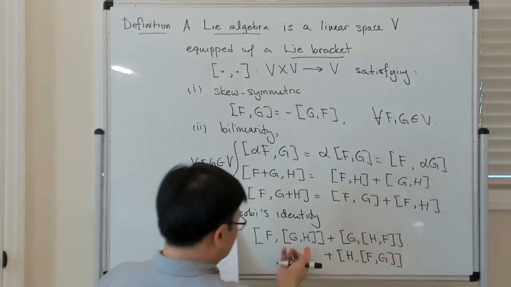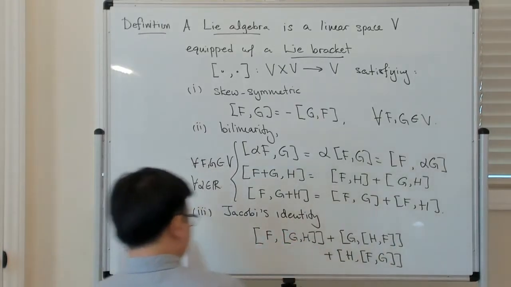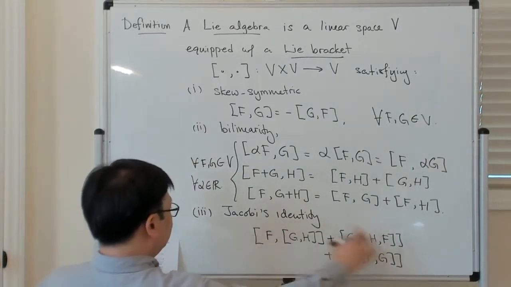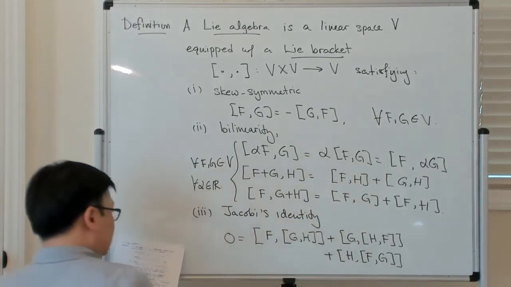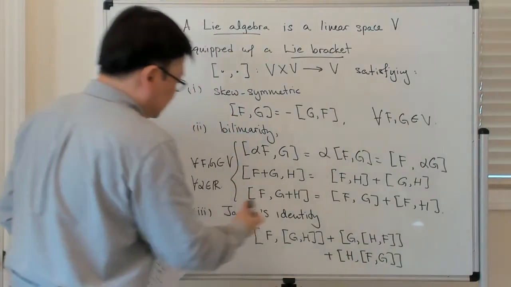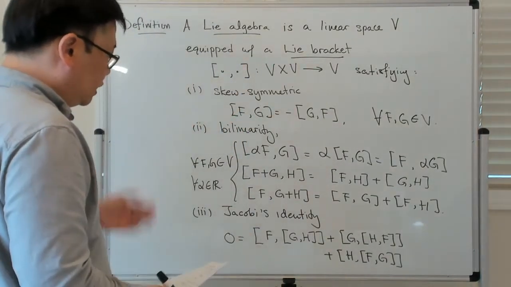So you have this cyclic permutation of the things in the slots. If you take this combination, that turns out to be equal to 0. This is what is called Jacobi's identity, and it's some kind of integrability condition, if you will.